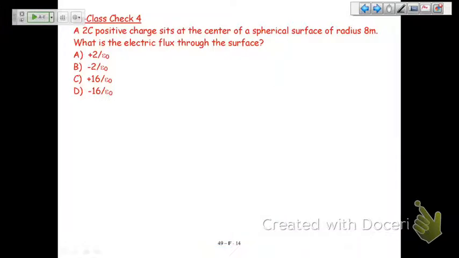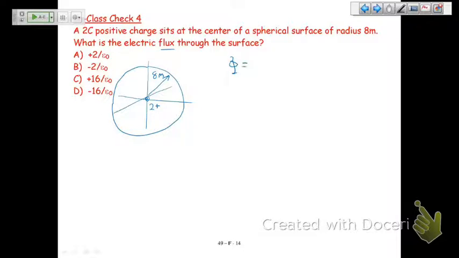What would my visualization be? I draw my axes, and I have a charge here, and this is 2 positive, and then I have a sphere, and I know that that is 8 meters. And I know this obeys Gauss's law. I want to find the flux. Flux is equal to the surface integral of E dot dA, which equals Q inside over epsilon naught.